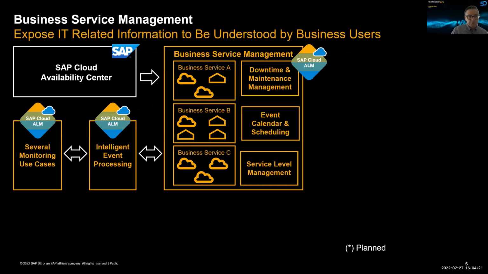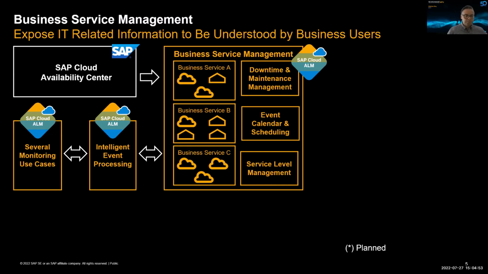Business service management. The idea here is that we get information about the status of all your cloud services and of all your on-premise systems in a central location. What we are currently already doing is collecting from the Cloud Availability Center. Here in the Cloud Availability Center, you will know that we publish information about outages or about maintenance times, which we have on the services which are hosted by SAP.